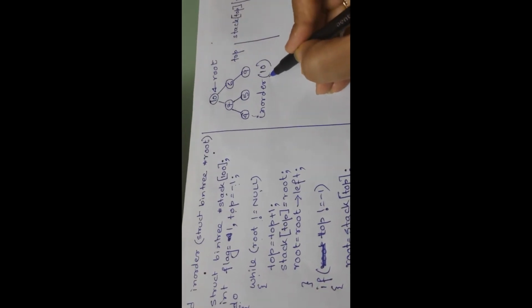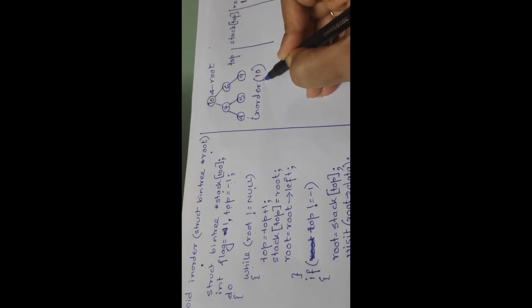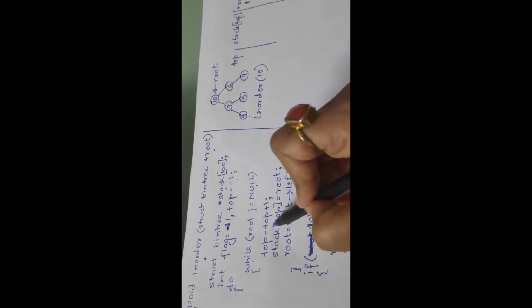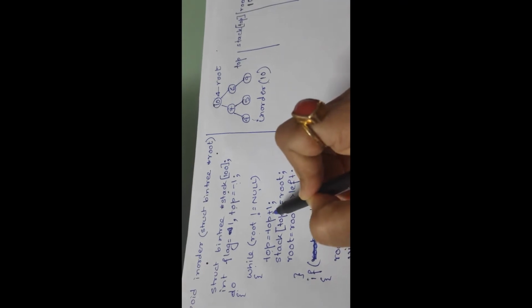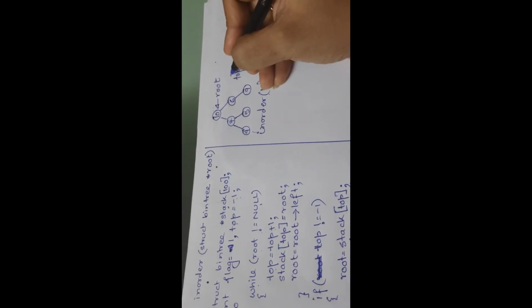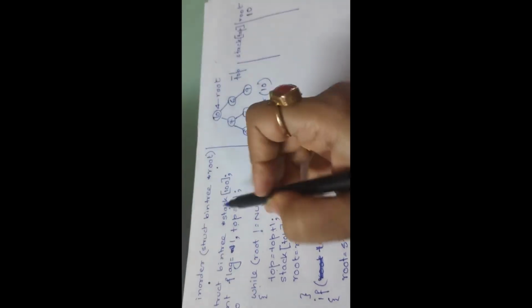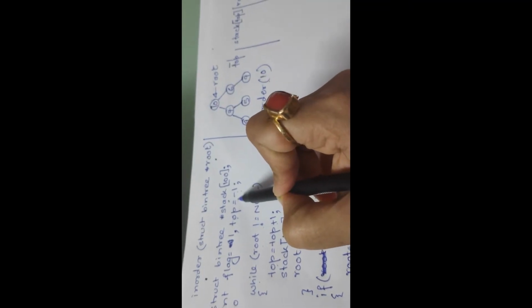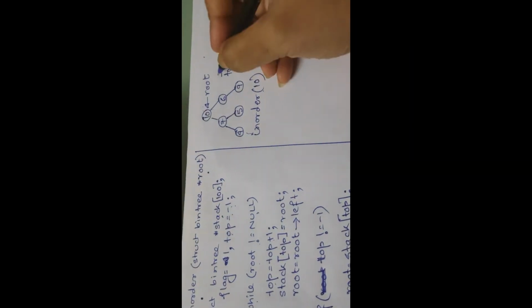Now, as we enter the algorithm, this is while root not equals to null. Over here, 10 is not equal to null, so we will enter the while loop. Top is equal to top plus 1. Currently top is -1 because that is where we initialized it, so top becomes 0.